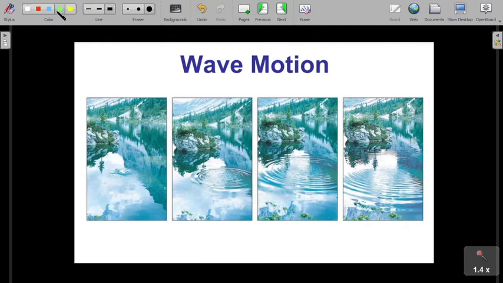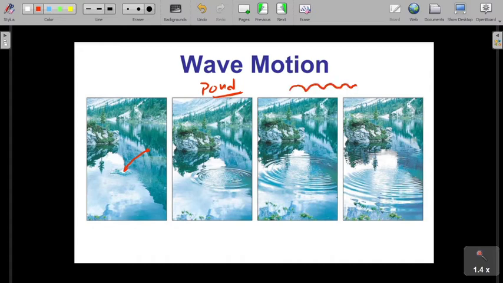So here you can see that there is a kind of pond. If you throw a stone like this here, then in our youth, when we were very small, we used to throw stones into ponds, and then we could see a kind of wave passing, a kind of vibration.